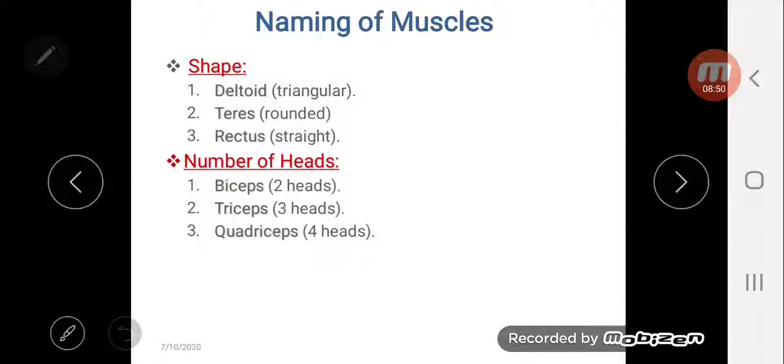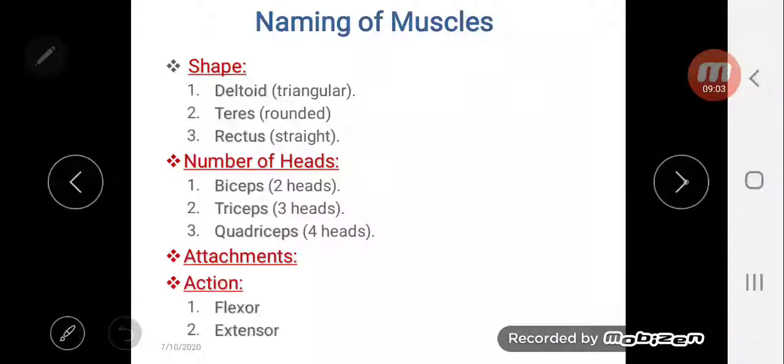Number of the heads, we have two heads like biceps brachii, and we have three heads like triceps brachii, and we have quadriceps which has four heads. According to the attachment, the action, flexors like flexor carpi radialis longus, and extensors like the extensor muscle.